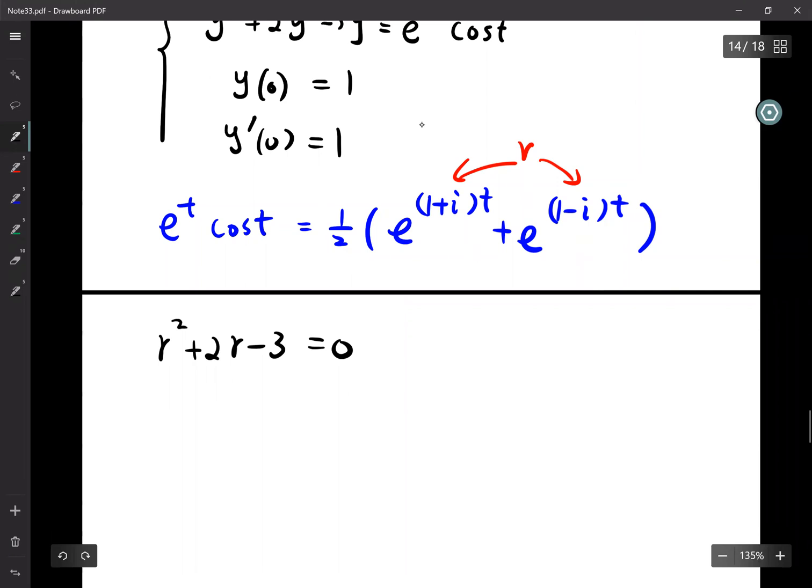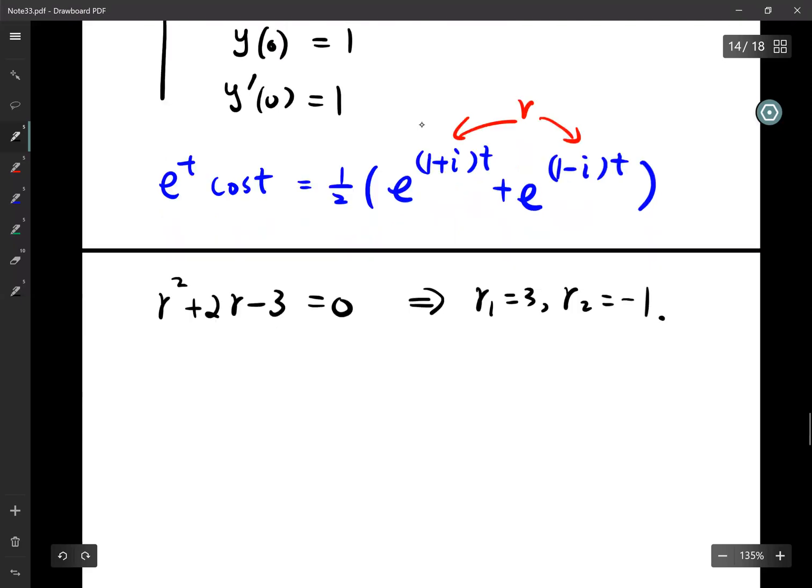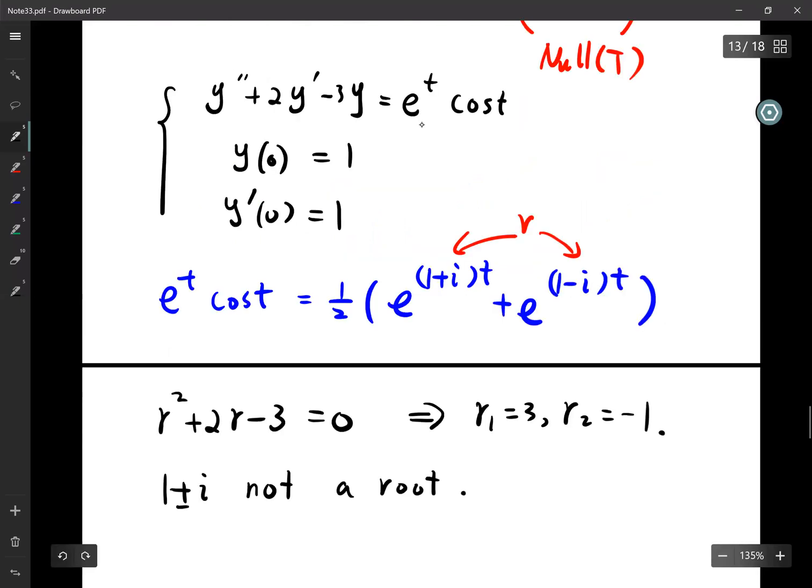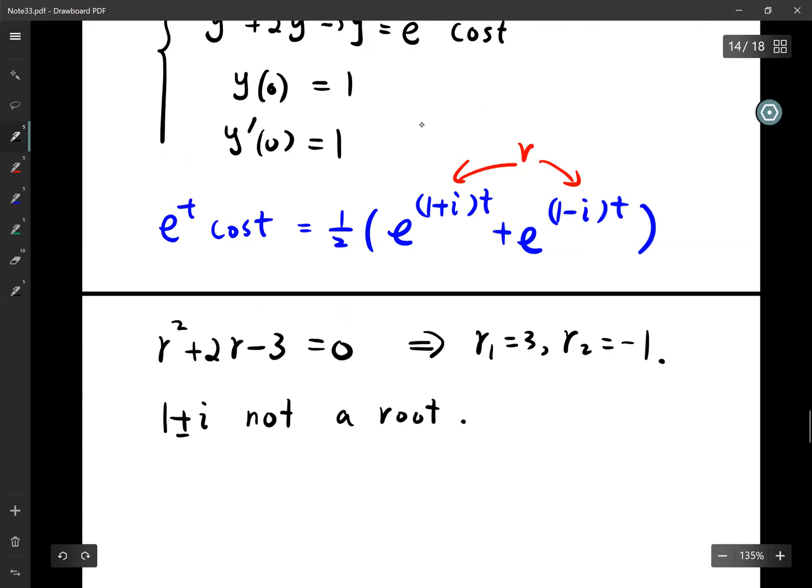So this one, you get 2 solutions: one is 3, and the other is -1. Fortunately, 1 plus i is not a root. Therefore, I don't have the t here, so these are all the possibilities.